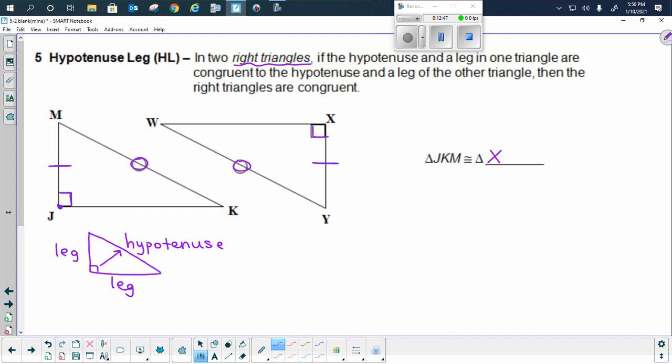If you start at J and go to K, which is the side with no marking, then I go from X to W, which is the side with no marking, and by default land at Y. Again, all capital letters.